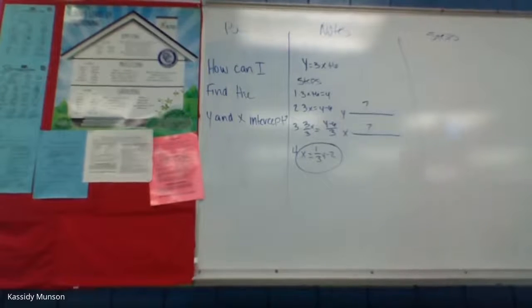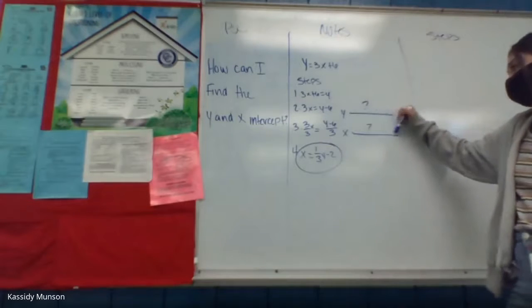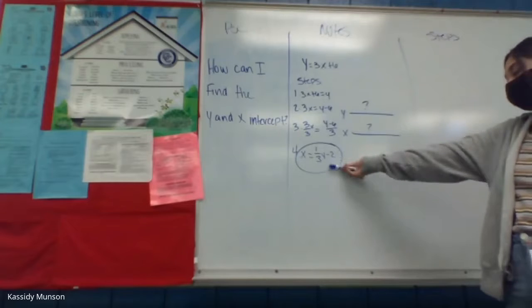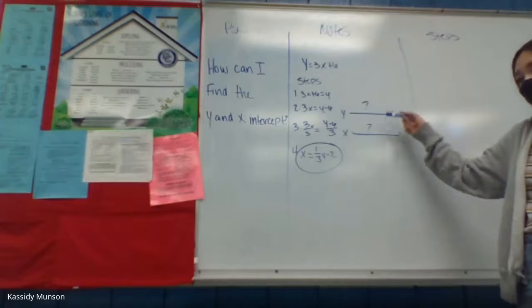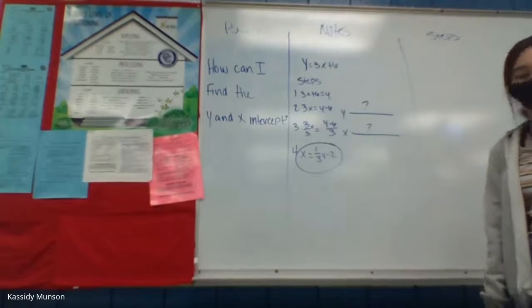I got this from my last assignment, I guess. So basically what I need help on is knowing what the Y and X intercept is. I can solve it, but I just don't know how to find it.